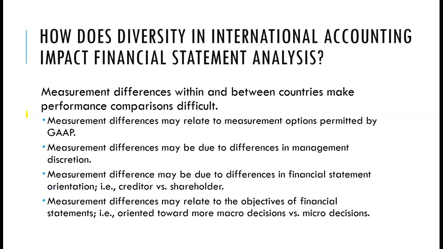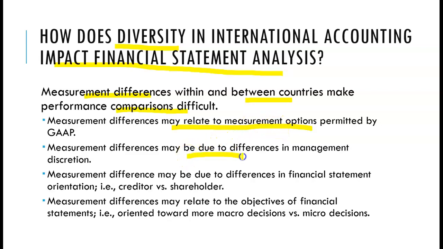Okay, so you already learned about diversity in chapter 2 and chapter 3. How does diversity in international accounting impact financial statement analysis? We said the measurement differences within and between countries make performance comparison difficult. Why? It may relate to measurement options, alternatives, because of the accounting flexibility just now.